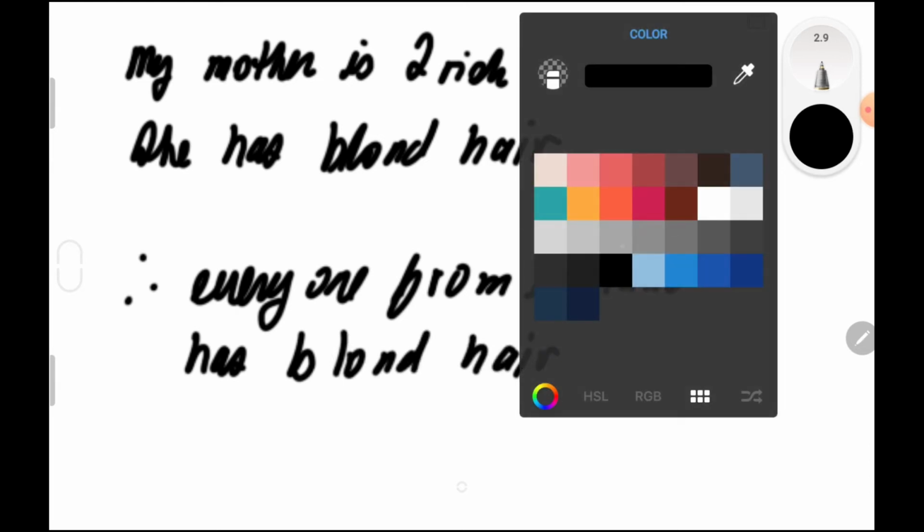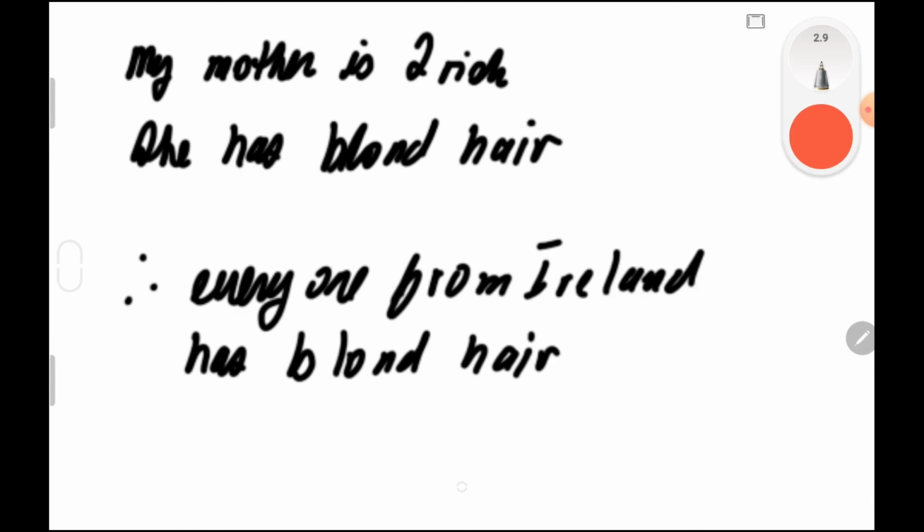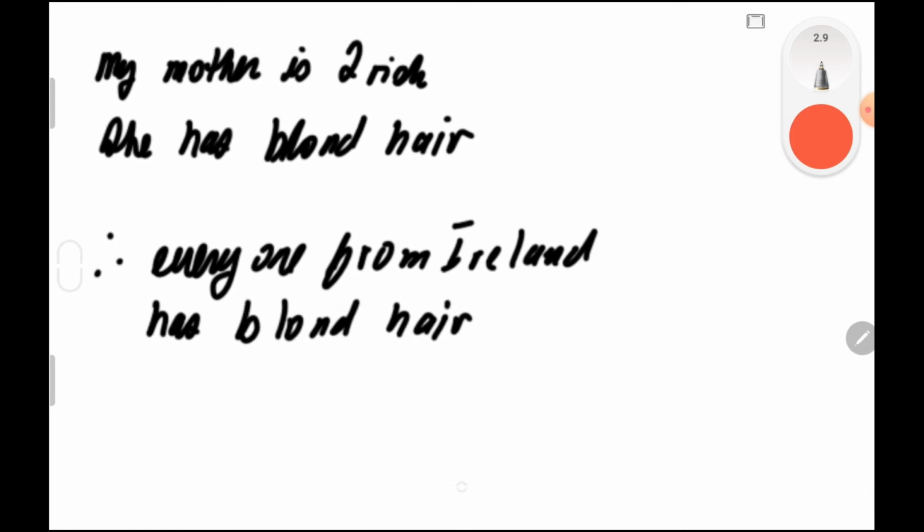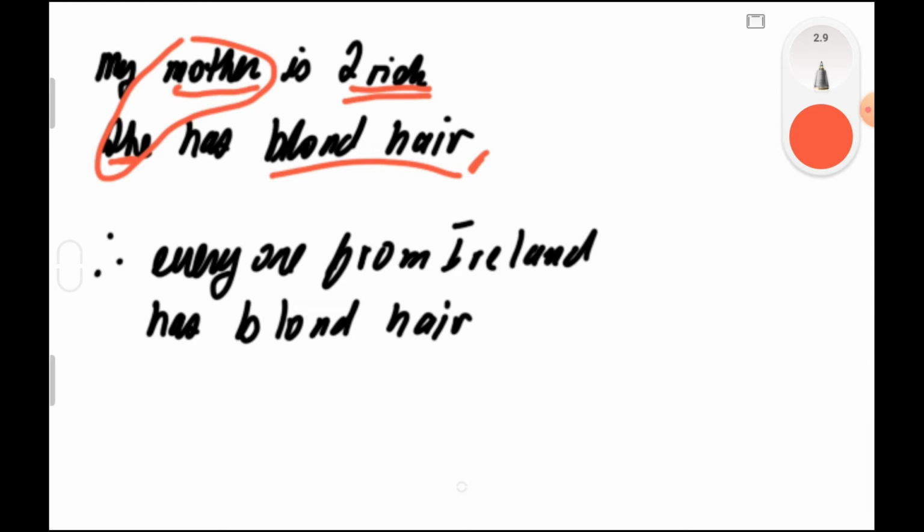So actually, we can use syllogism here wherein yung magko-connect natin dito is yung mother and she, di ba kasi mother, parehas lang sila. So which will have our Irish and blonde hair. And then next is sinabi niya dito that everyone from Ireland has blonde hair. So ano siya?